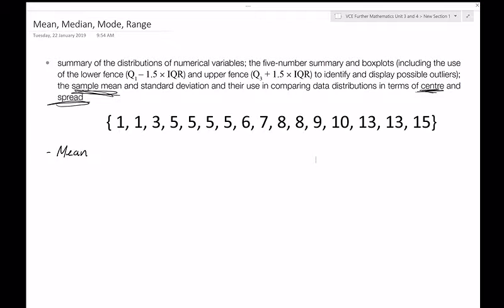Now, before we can do a lot of manipulations and analysis with data, we have to get a few definitions in there so that when they come up in the future, we all know what they are. You'll go through these in class with a bit more detail, including how to work them out in different scenarios, but I will go through the basic idea and then we can apply it in the future to different questions.